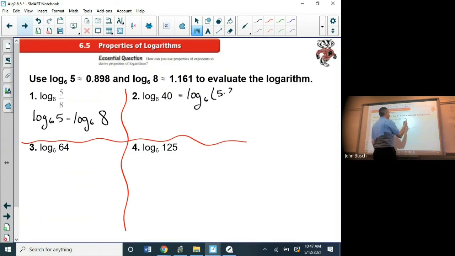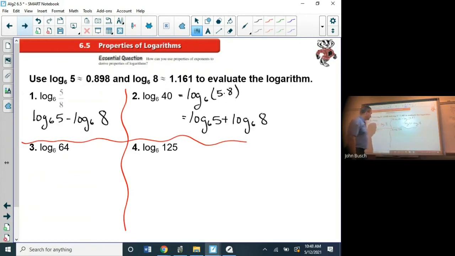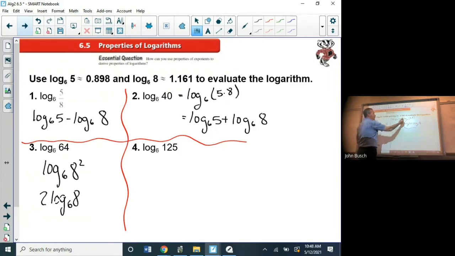Log base 6 of 5 times 8, so you can write that as log base 6 of 5 plus log base 6 of 8. Next, 64. If you look at that, you know that 64 is, oh, that's not right. 64 is 8 squared. Okay, sorry. So we can rewrite this as log base 6 of 8 to the second power. This power 2 can come out front. Hopefully you guys are getting good at this and thinking through these.